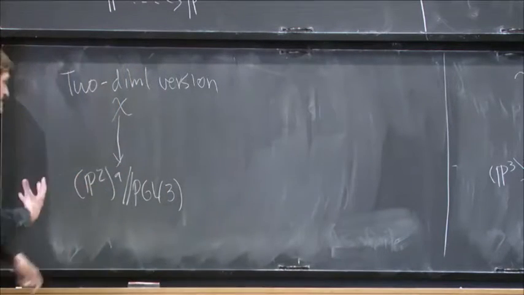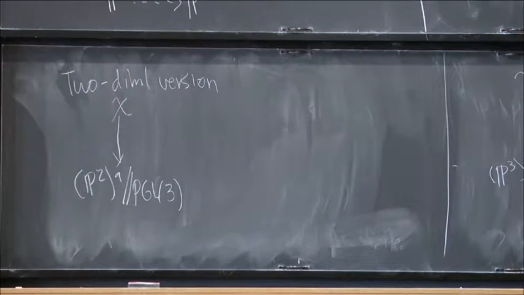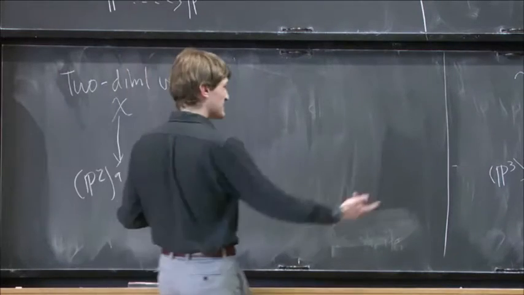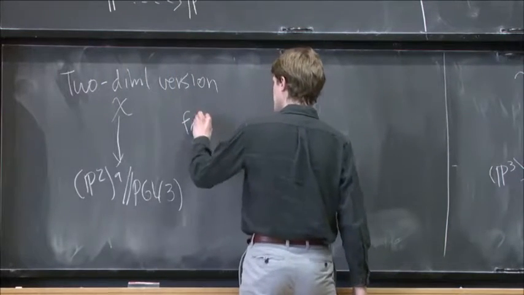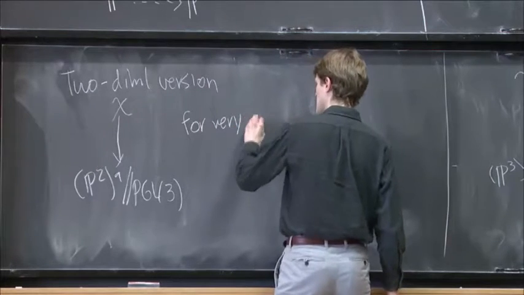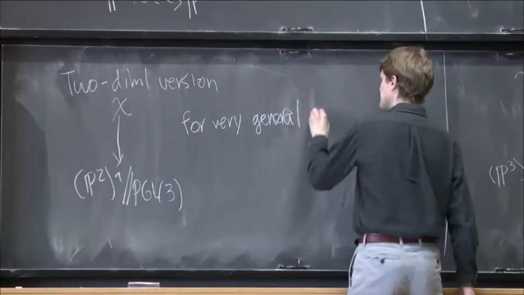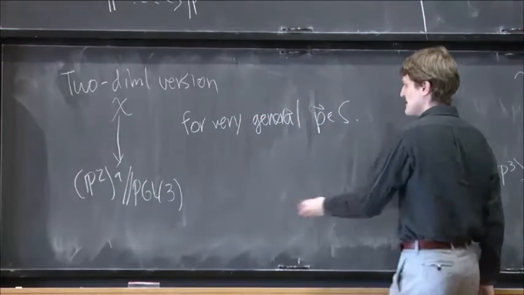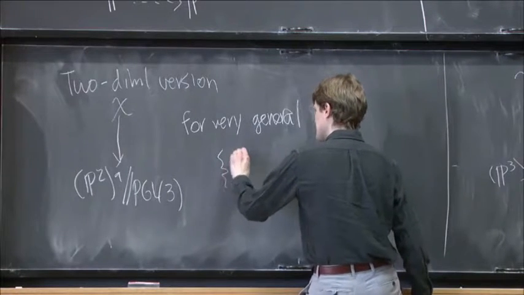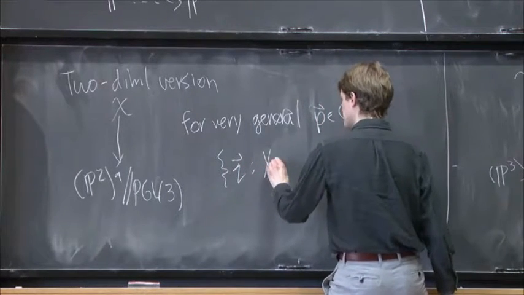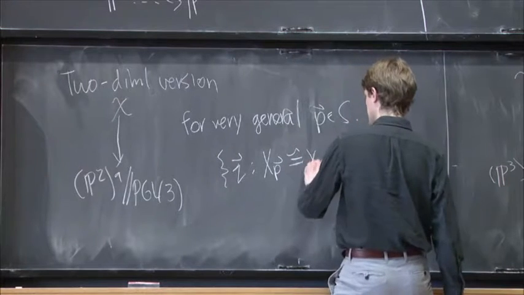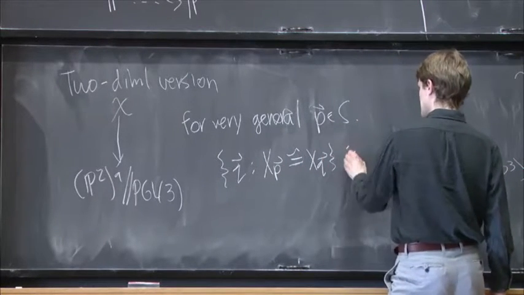Some total space such that the fiber over a 9 tuple is P2 blown up at those 9 points. And what happens there is that if you have a very general configuration P in the base, the set of Q's such that the blow-ups at the corresponding 9 points are isomorphic is Zariski dense.